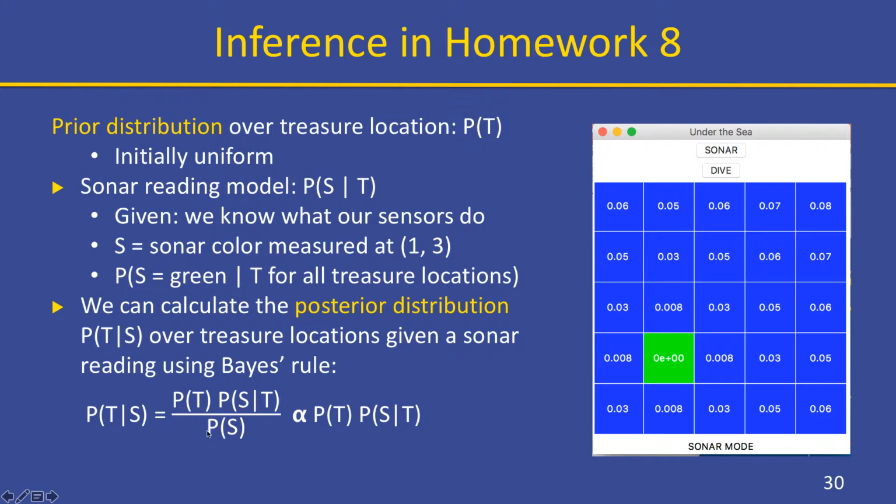So we will say that P of t given S is proportional to P of t times P of S given t. This sign here, alpha, means proportional.